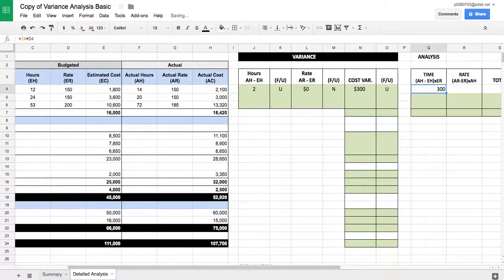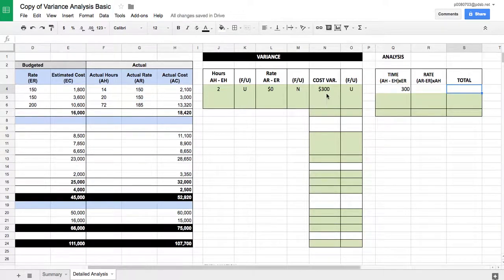And that's our $300 right there. And again, my formatting isn't great for your template. Okay, but you guys can fix this as you go. It isn't perfect. Now our rate, we know this should equal 0 because our rate hasn't changed.